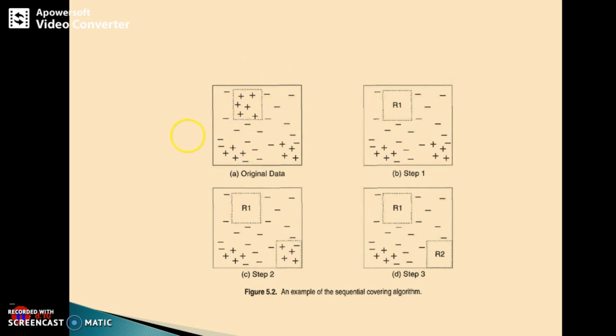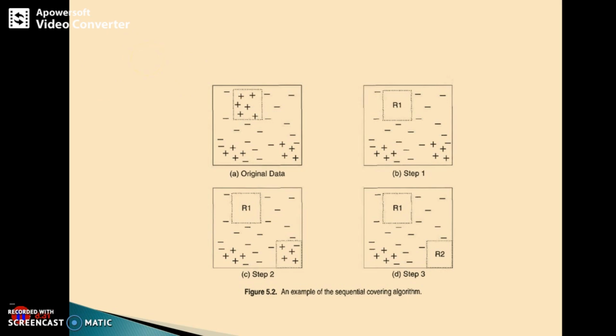For example, what is the rule? Something like body temperature is equal to warm-blooded and gives birth is equal to yes, and if both are true, then the class is mammals. So I have written that rule. Now you cross verify that rule with the given data set.